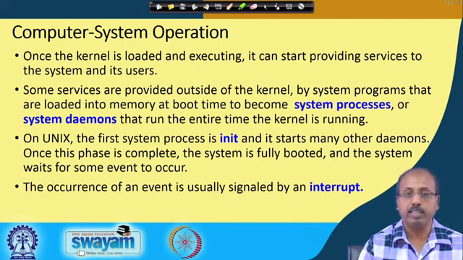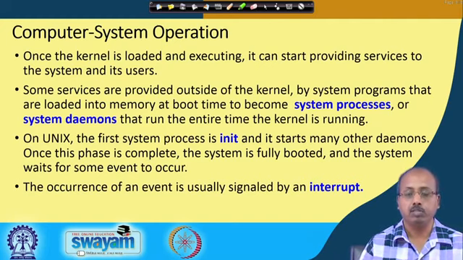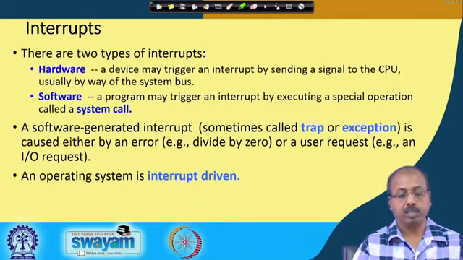The occurrence of an event is signaled by an interrupt. This interrupt may be a hardware interrupt or a software interrupt, and accordingly the system starts its operation.